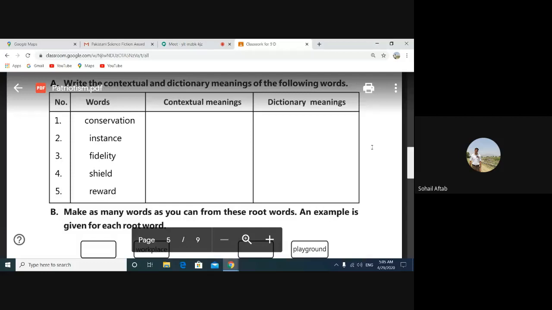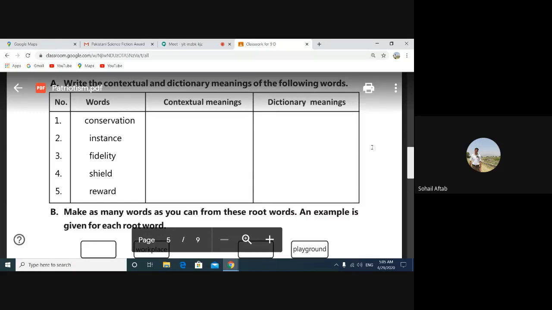Second one is instance, and instance can be occurrence or event. Dictionary meanings are examples. For instance, for example, that can be the dictionary meaning. Third, we have fidelity.